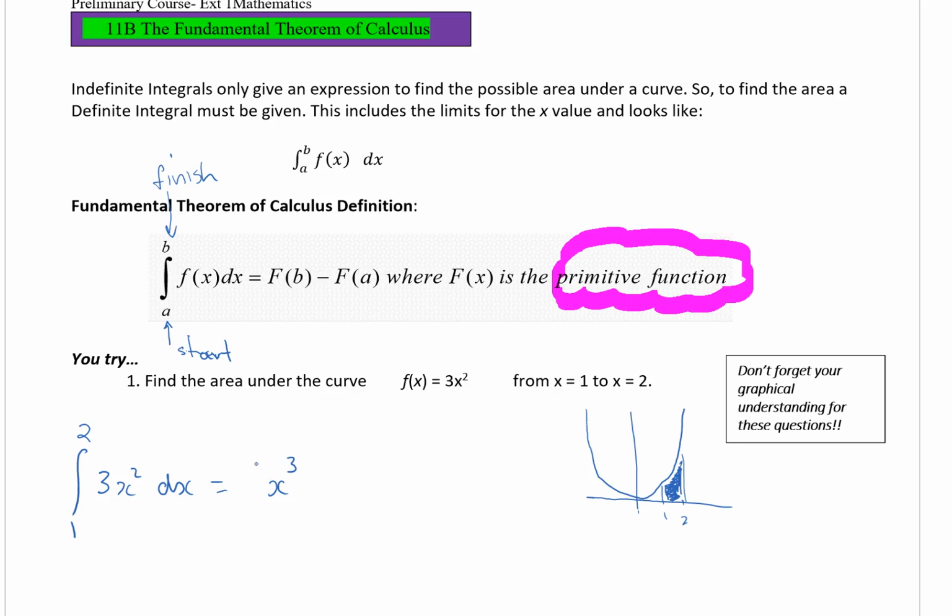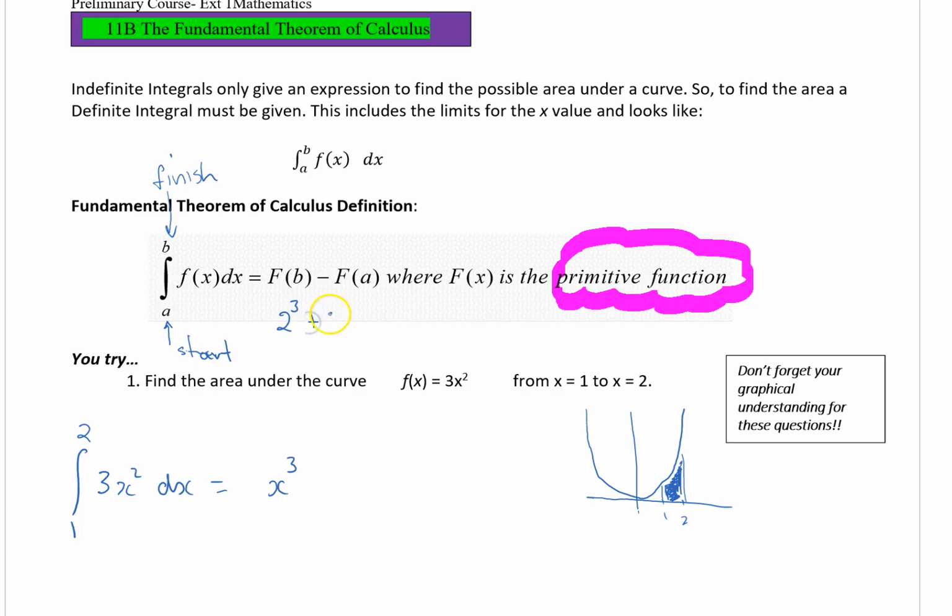We know that if x cubed is the primitive, so let's say we've got subbing in 2, because that's what the fundamental theorem says. So we want 2 cubed.